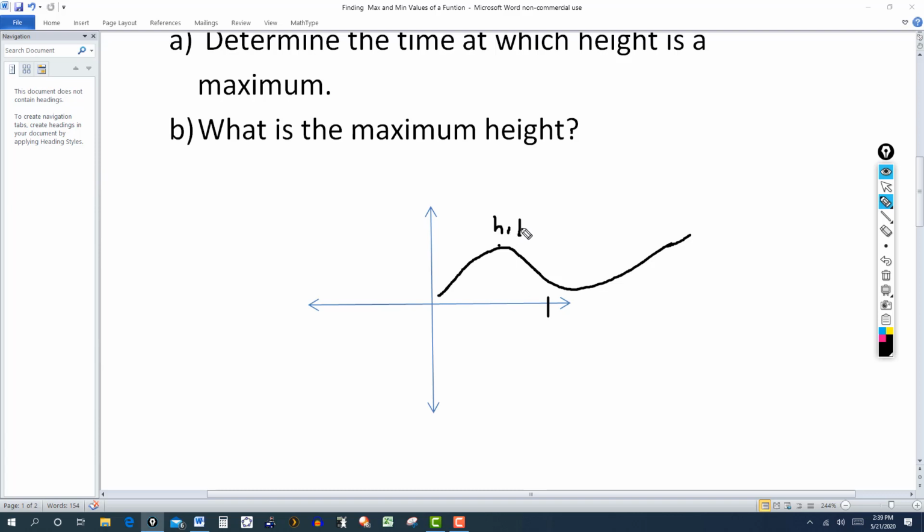So in this case, the maximum value occurs at x equal to h, and that maximum value is this distance right here, which is k. In this case, you have to use the graphing calculator to solve it, or you can use calculus. But here we're dealing with algebra, so we're not going to use calculus. Okay, so let's just do this then.